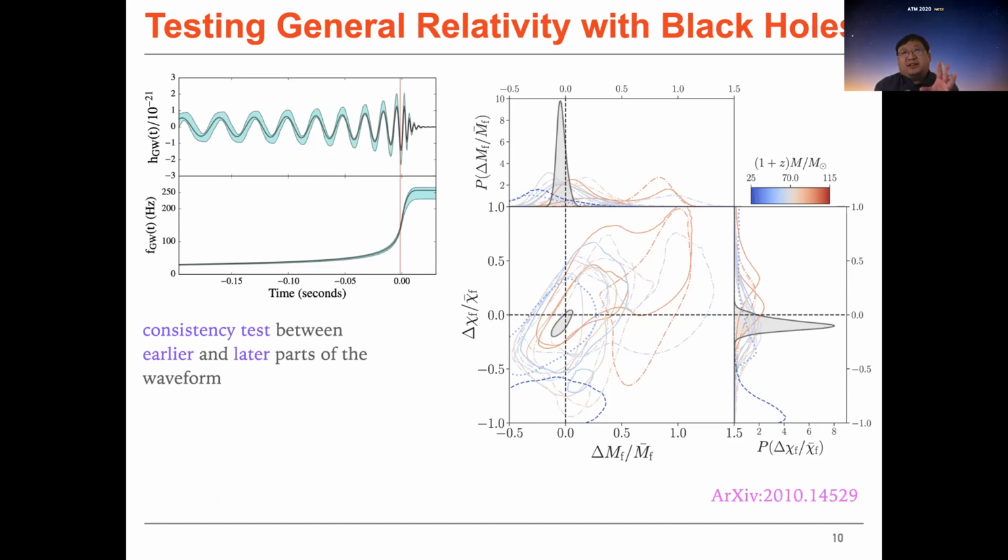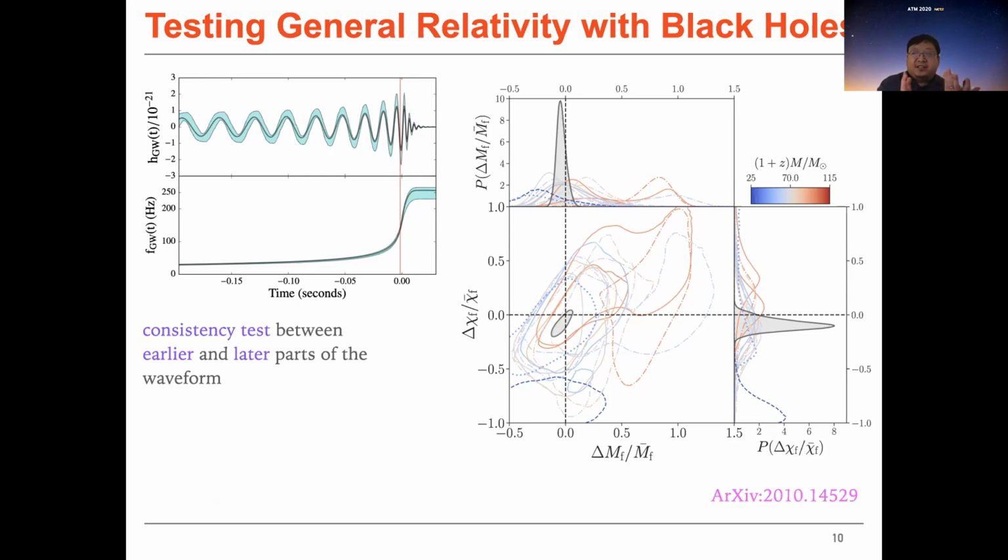And then we measure the final mass and final spin from the second part of the wave. And we look for consistency between these two measurements.